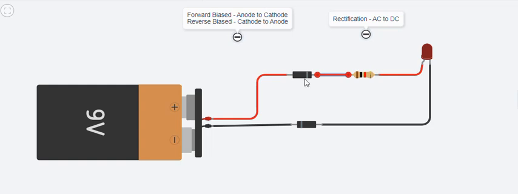So when you connect a voltage to the anode, the voltage at the cathode is not equal to the anode voltage. Let me say V out is equal to V in minus approximately 0.7.